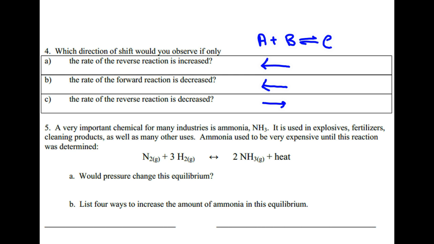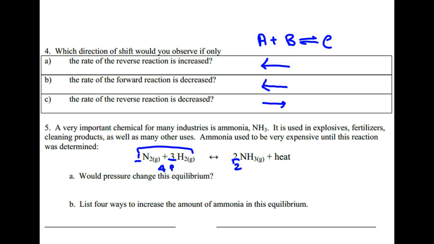And by going down, what we mean is pressure is related to the number of particles and how they bounce off of one another. So in this case, if we were to look at this reaction, on the left side we have 4 particles, 3 and 1, and on the right side we have 2, and if you count the heat, even then you have 3.